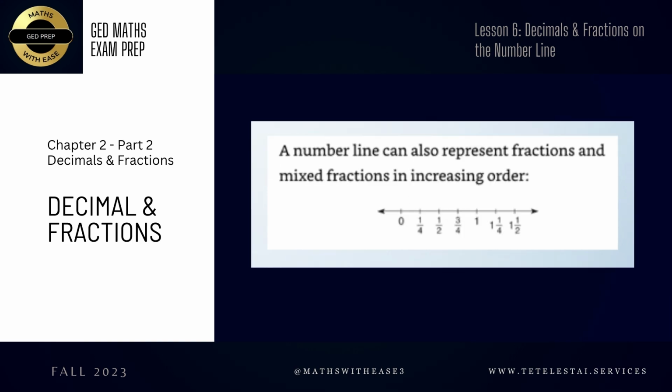And as we mentioned earlier, a number line can also represent fractions and even mixed fractions in increasing order. Starting from 0, we see 1/4, 1/2, 3/4, and then 1. And then to the right, 1 1/4, 1 1/2, 1 3/4, 2, and so on.